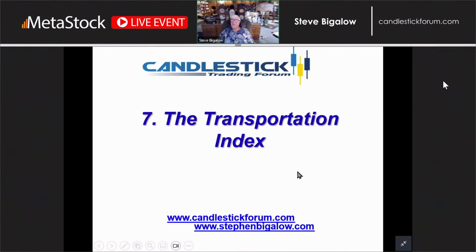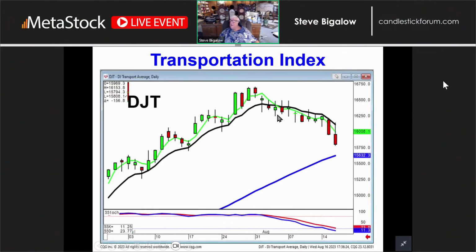The transportation index. A lot of people say, well, why do you use the transportation index? Because that is what implies the sentiment that if everybody thinks the economy is getting worse, that means they're not traveling as much, that they're not shipping things as much.